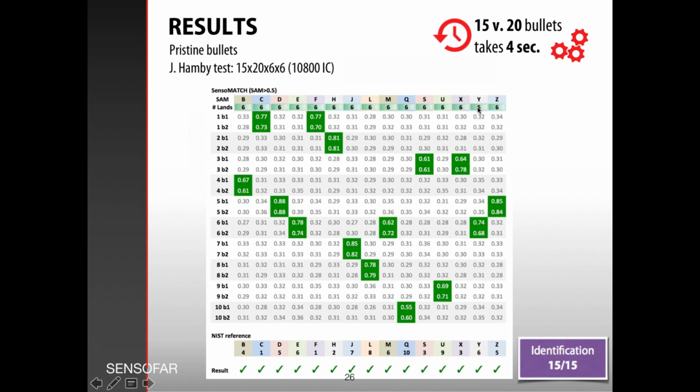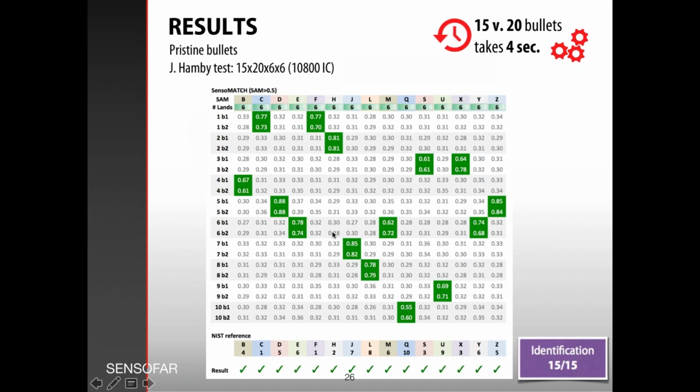Oh, I see. Great. Lands, and we have a score which is quite high. For example, in terms of the SAM parameter, the one that has the lowest score is bullet Q. Bullet Q has a poor SAM value, especially for barrel 1, barrel 10, bullet 1.